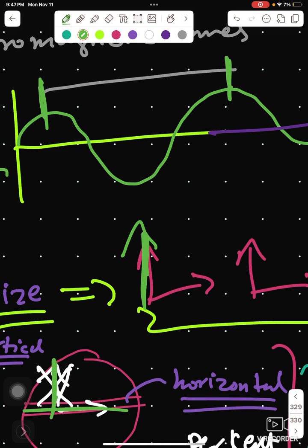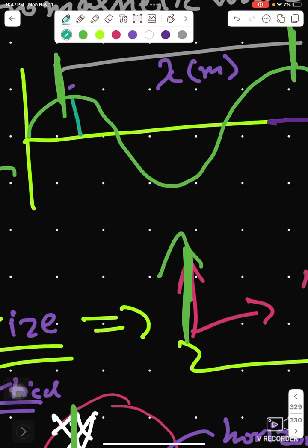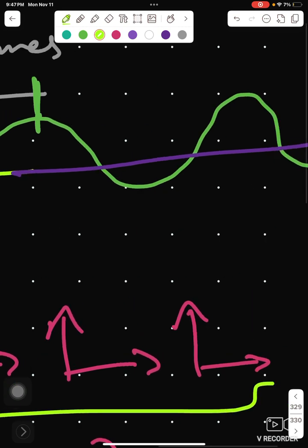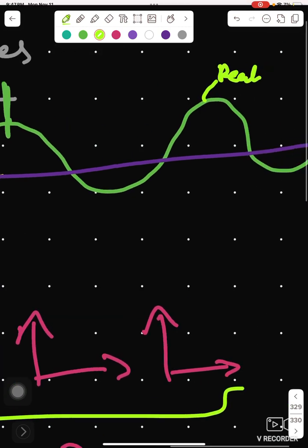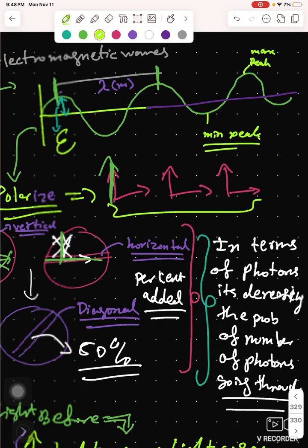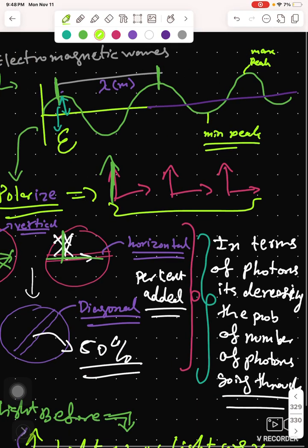The distance from one trough to the other crest is lambda, in meters. Let's have a little bit of wave mechanics as well. This is amplitude, this is the maximum peak, and the minimum peak, also known as trough and crest.